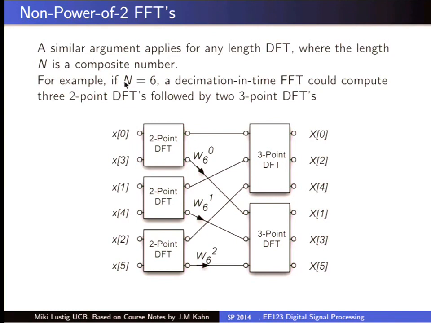So if you have an n equals 6 DFT, you can do a decimation in time that would compute 3 2-point DFTs and 2 3-point DFTs. Or the opposite, you can kind of flip them as well. So there are different options that you could do.